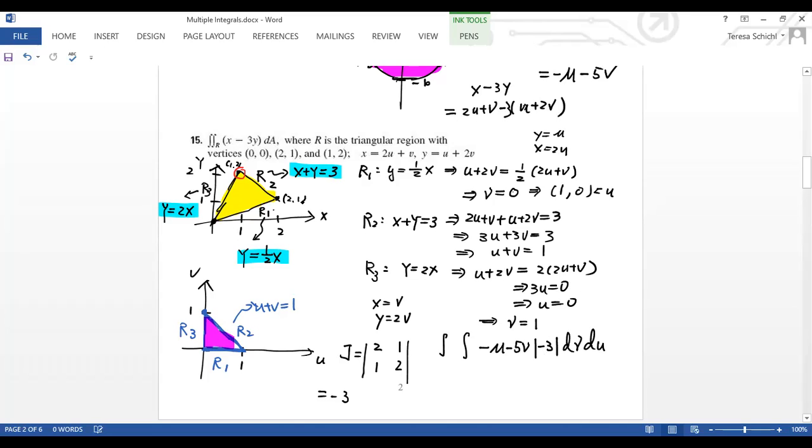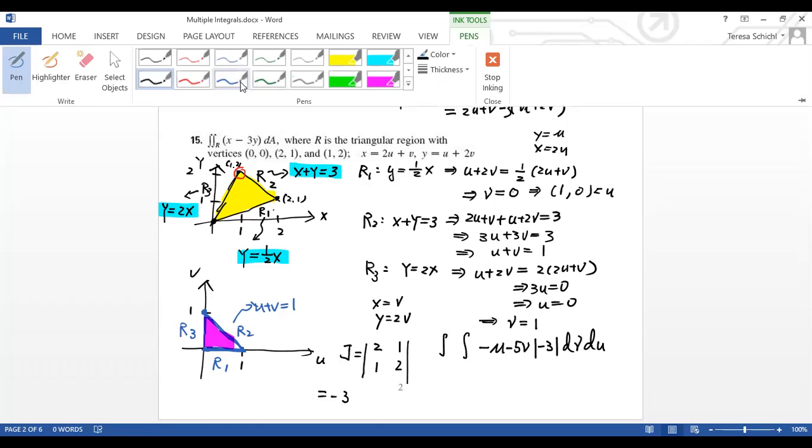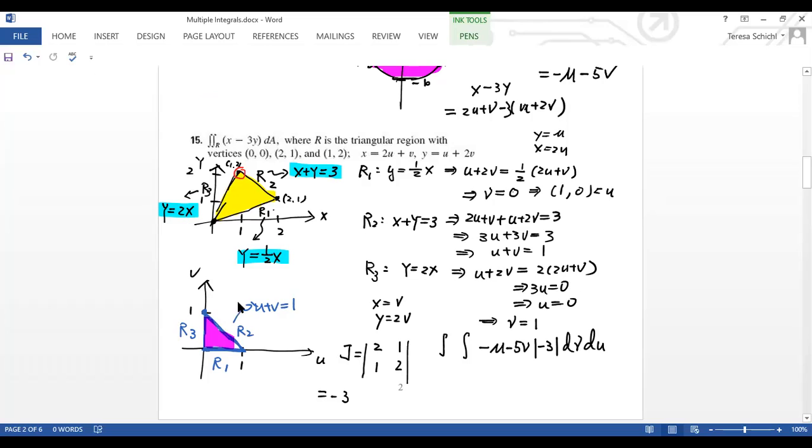Now be careful, because this one is not a rectangle, so I need to be careful when I do the integration. I'm going to do dv this way, according to the v direction here. So you write negative u minus 5v, and you can put a 3 in the front like the Jacobian. Then v goes in this direction, from 0 to 1 minus u.